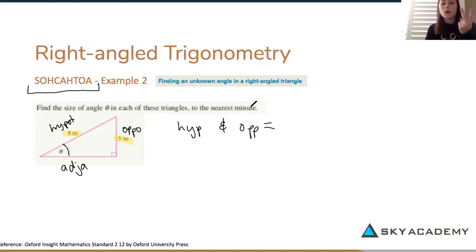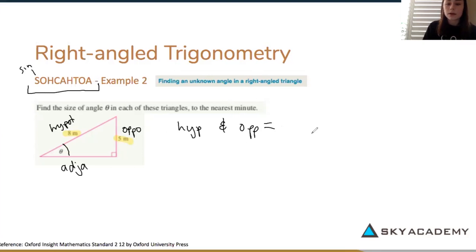And hypotenuse and opposite is going to be sine. Sine is the only one with opposite and hypotenuse, because cos has adjacent and hypotenuse, and tan is opposite and adjacent. So those two, cos and tan, don't work, but sine does work. So I'm going to use sine.